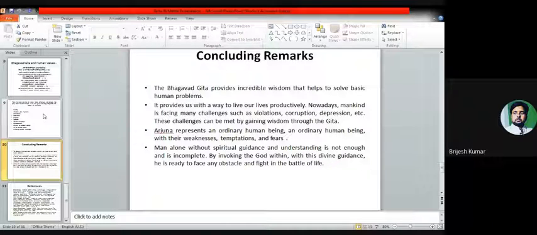At the end of the discourse, he stood up, recovering from the delirium, ready to bow to his duty, by combining the two, Krishna and Yogeshwara. By invoking the God within with this divine guidance, he is ready to face obstacles and fight in the battle of life. And then nothing can stop him from achieving anything and everything he wants.